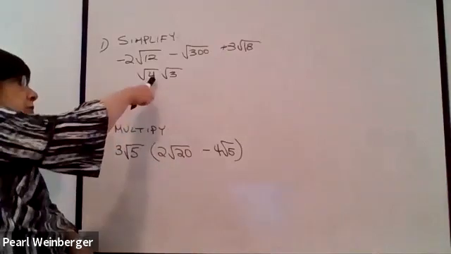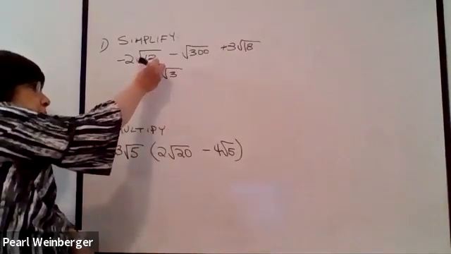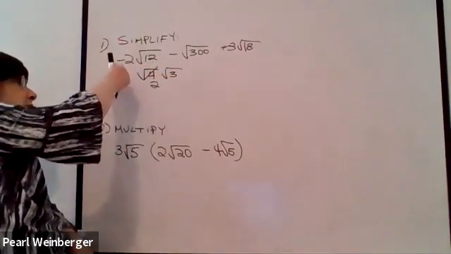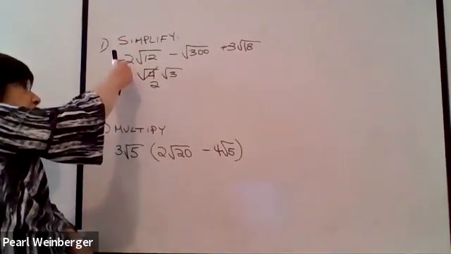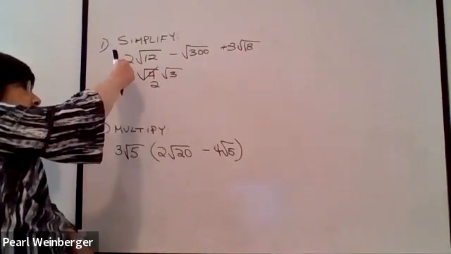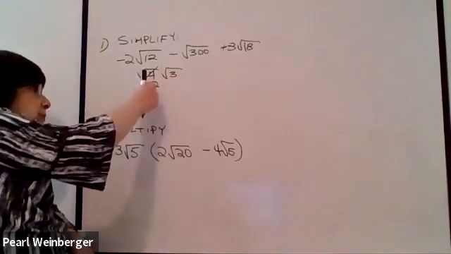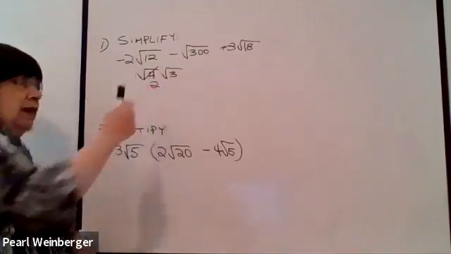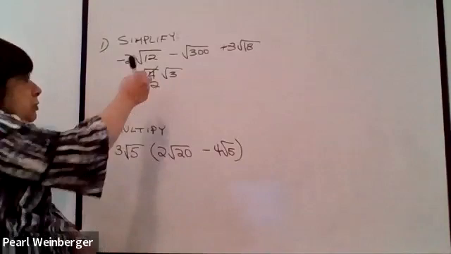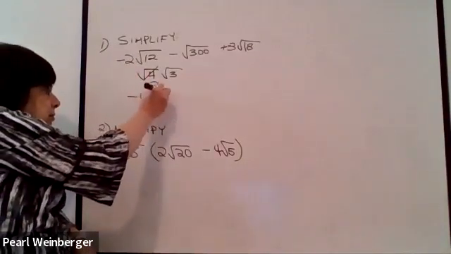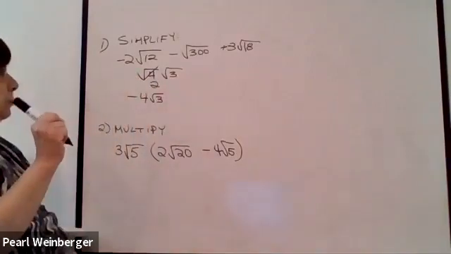So I'm going to change the square root of 4 to 2. And remember, I have this negative 2 in the front as a coefficient, but now I can multiply this negative 2 times the 2 because these are both outside the radicals. That will give me negative 4 radical 3 for my first term.